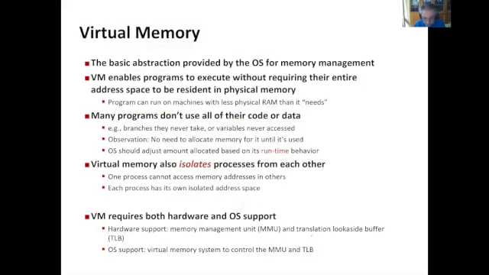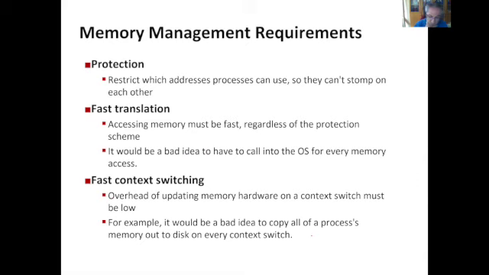So, okay, we will be discussing what the memory management requirements are. We will discuss a number of different mechanisms to implement this, and then we will check how well they satisfy these requirements. The first one is protection.